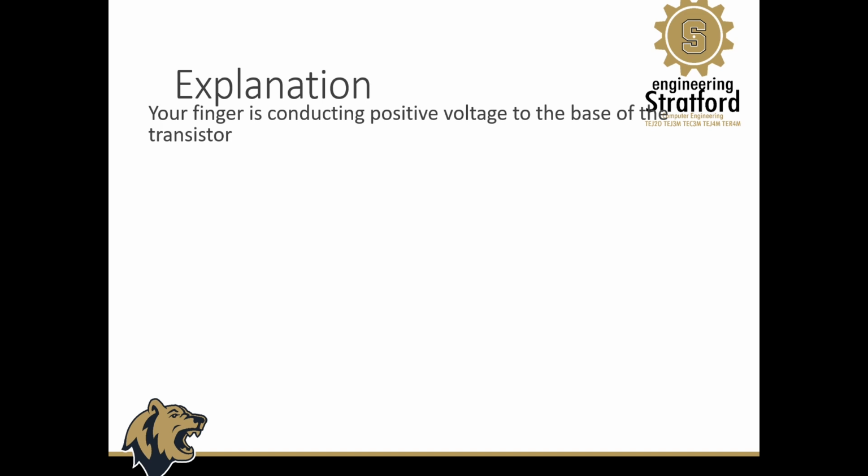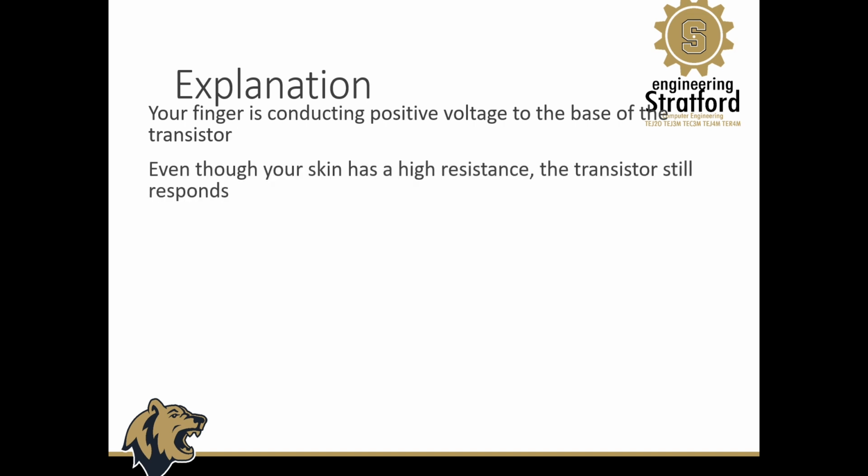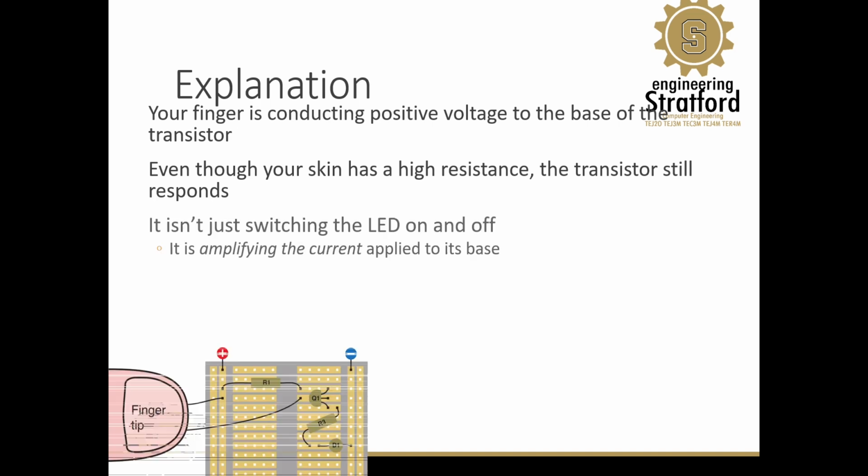So what the heck happened? Your finger is conducting enough voltage, even though you're a pretty big resistor, as we discovered in the resistance lab. You provide a lot of resistance through your body, but it's still enough to get enough current to the transistor. So even though your skin has a high resistance, the transistor still responds.